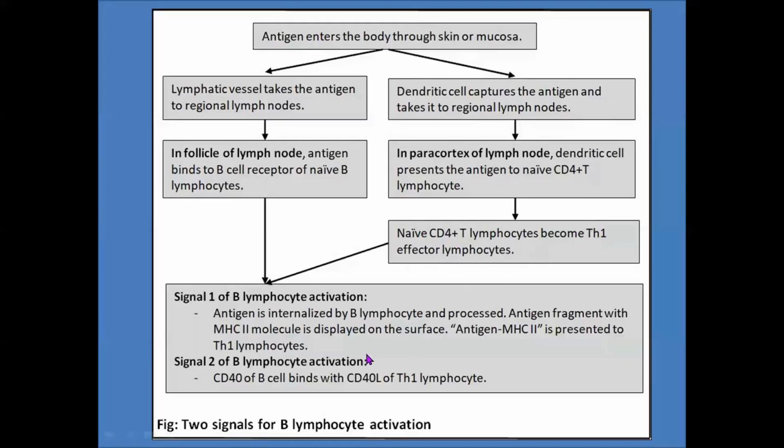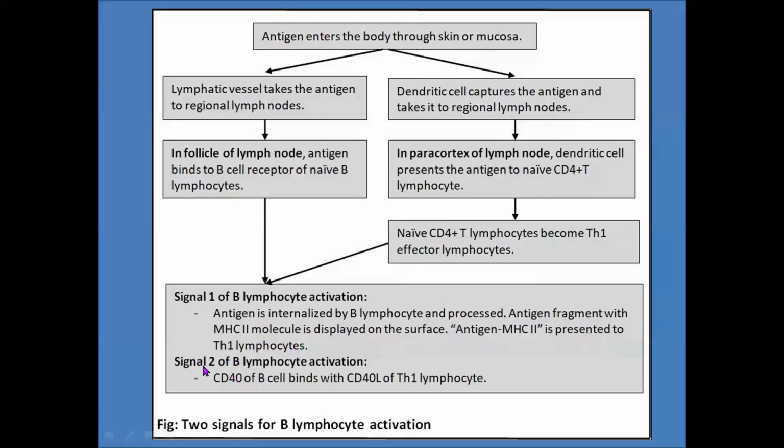Now, two signals are required for the activation of B lymphocytes. Signal 1. Antigen is internalized by B lymphocyte and processed. Antigen fragment with MHC2 molecule is displayed on the surface. Antigen plus MHC2 complex is presented to Th1 lymphocyte.